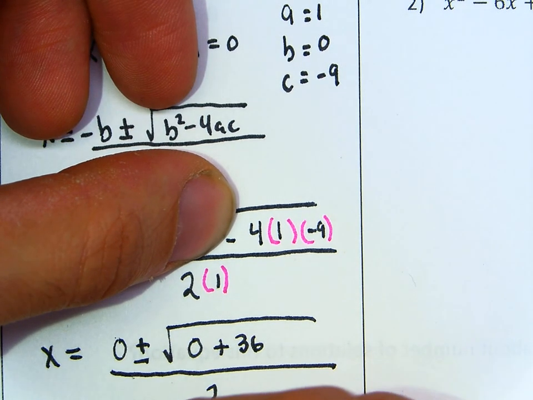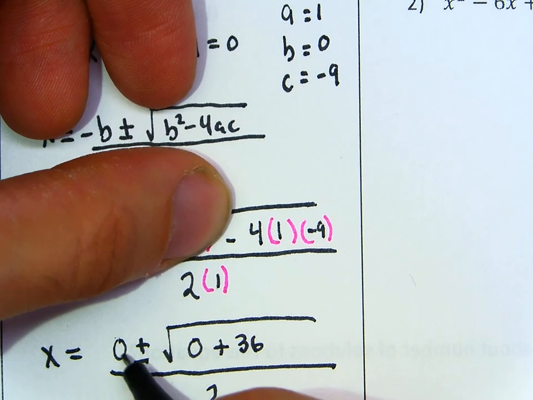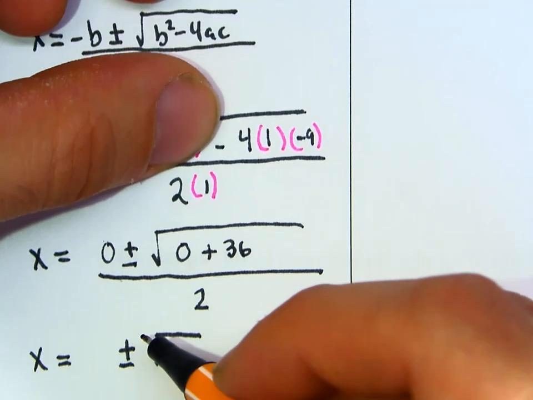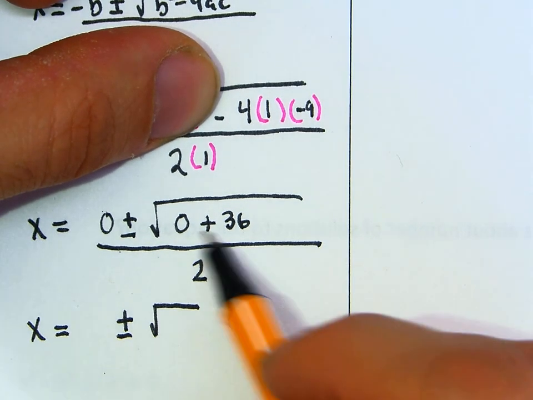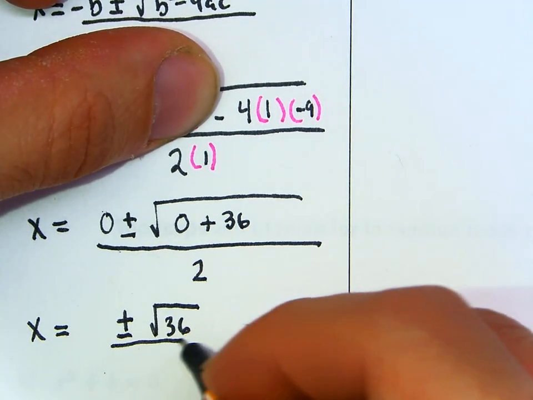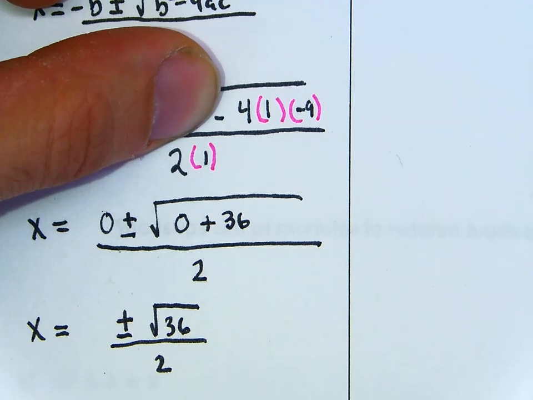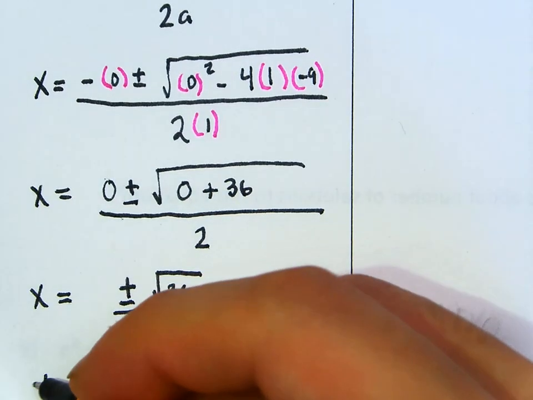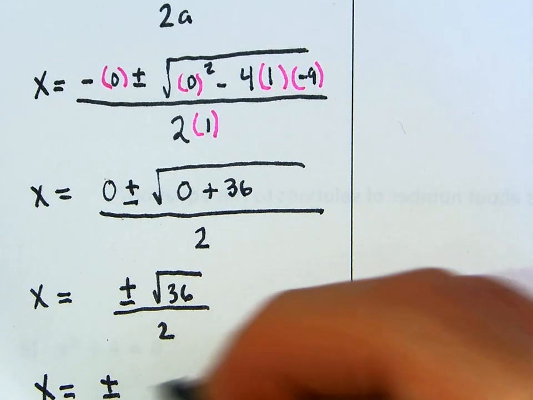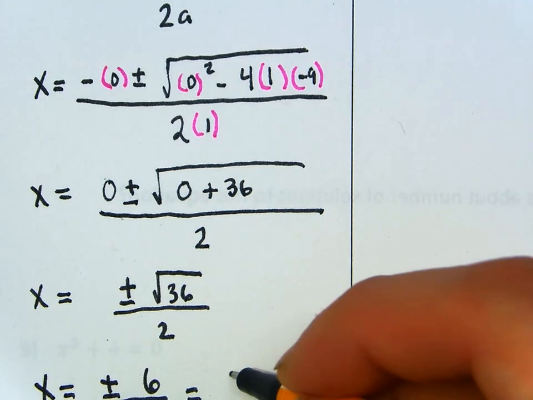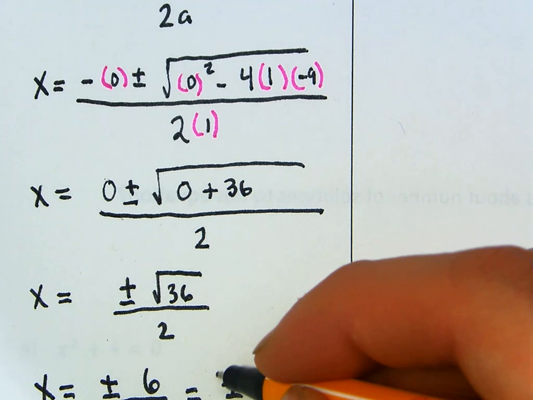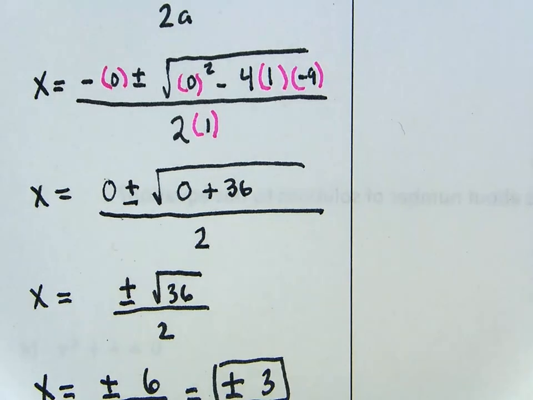So now you have x equals plus or minus the square root of 36, because this 0 nothing really happens to it anymore, over 2. And now x is equal to plus or minus 6 over 2, which equals plus or minus 3, because 6 divided by 2 is 3.